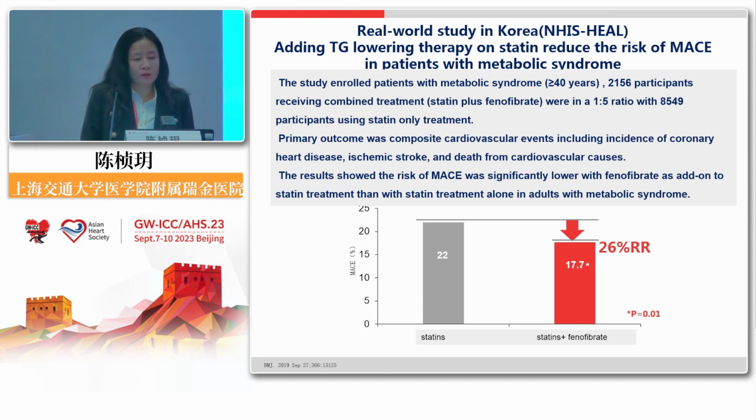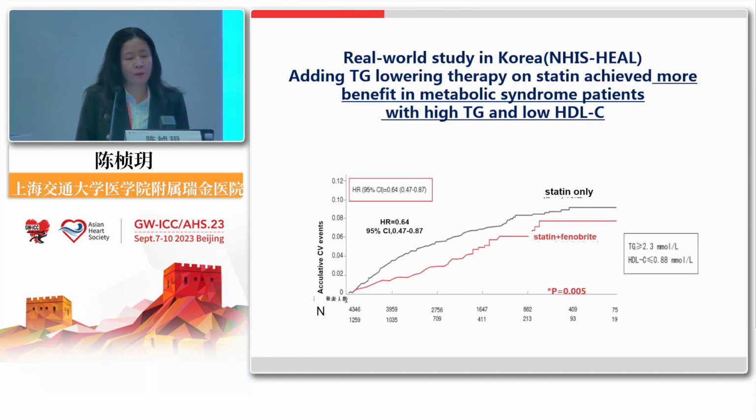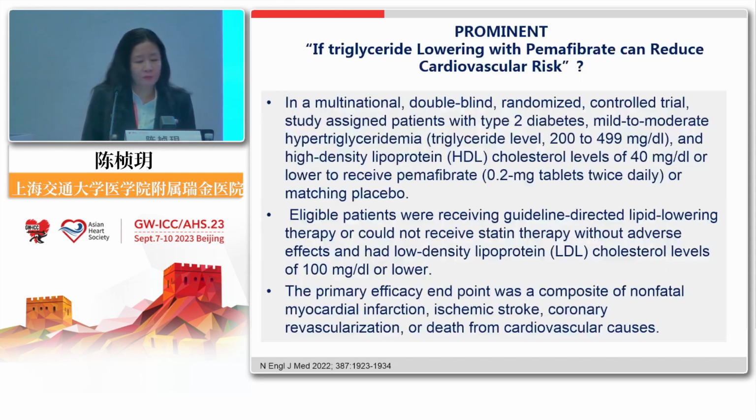One is a real-world study in Korea that showed adding TG-lowering therapy at the start reduced the risk of MACE in patients with metabolic syndrome. That is from fenofibrate. Real-world study also showed that patients can achieve more benefit with high TG and low HDL-C in metabolic syndrome.